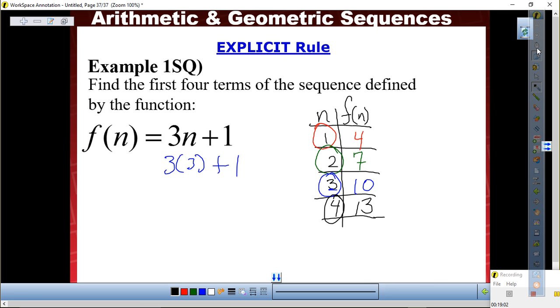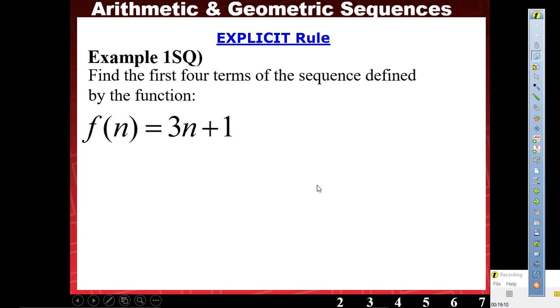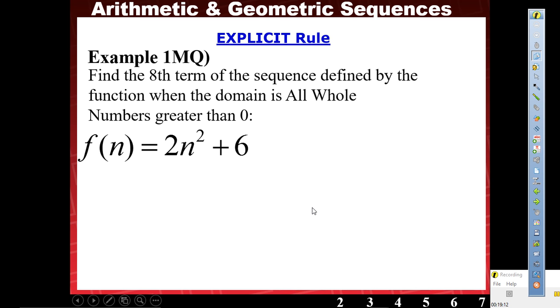So, look at this one, though. They're going to give you something like this in tonight's homework. Very similar to what we did. It's still explicit, but look how it's going to be written. They're going to say, find the 8th term of the sequence defined by the function when the domain is all whole numbers greater than 0. And here's the function that they give us.